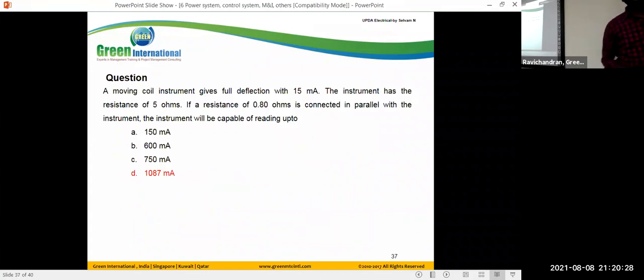Now see this question. The moving coil instrument gives full scale deflection of 50 milliamps. That means it is the meter current. Full scale deflection means it is the meter current. The instrument has a resistance of 5 ohms. That is RM. This is IM. This is RM.